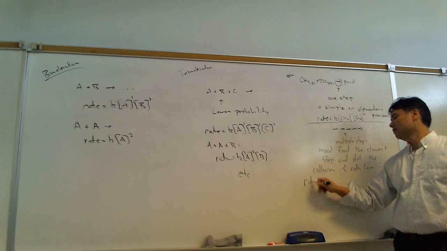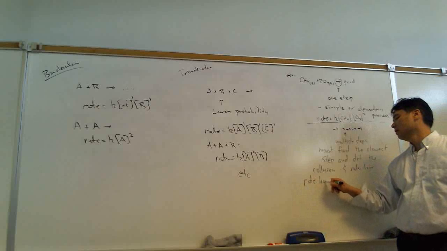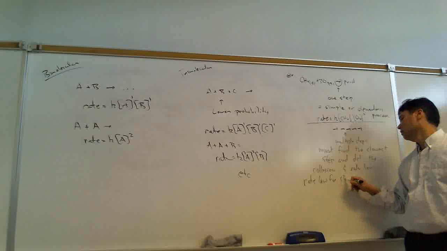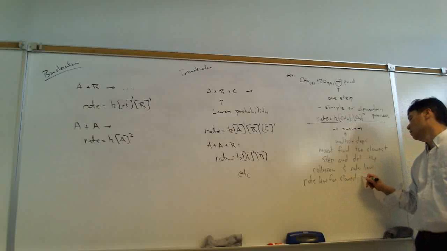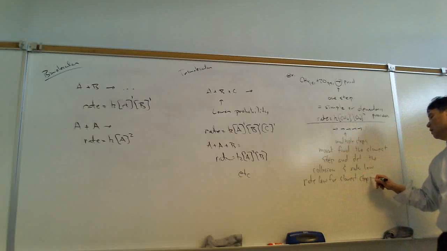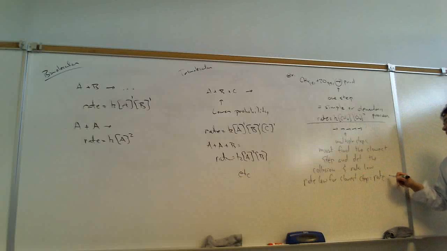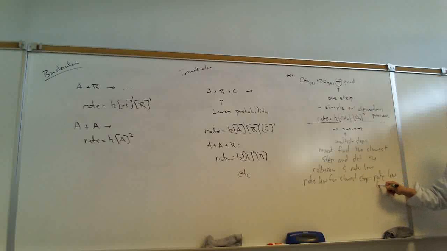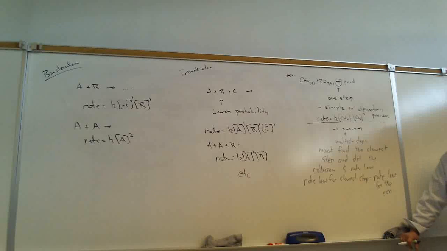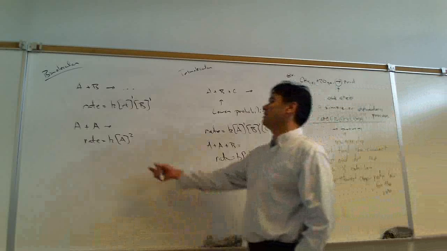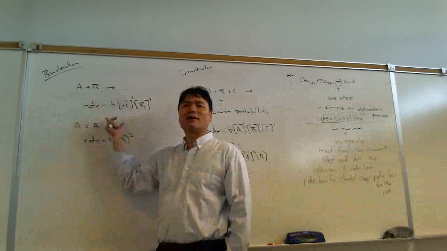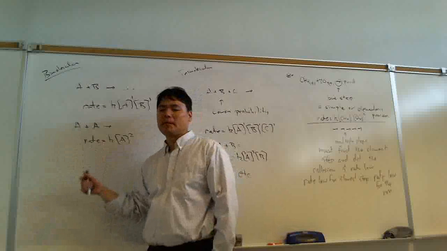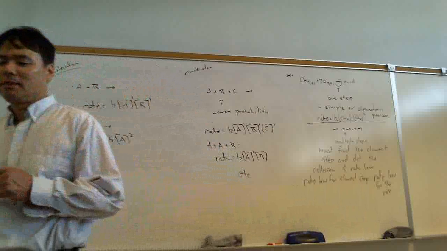Because the rate law for the slowest step equals the rate law for the whole reaction. And so, in a way, it's easy. It's easy because if you know what the collision is in the slowest step, then you can get the rate law very simply just by looking at this.